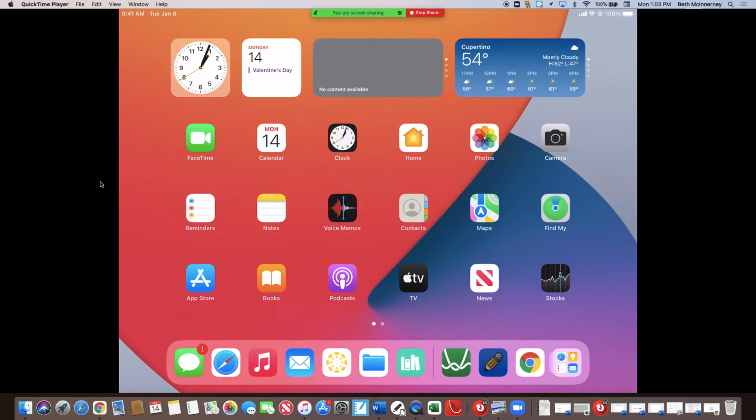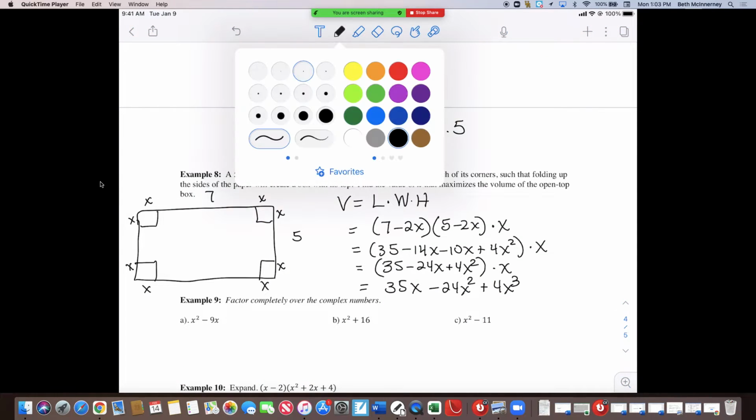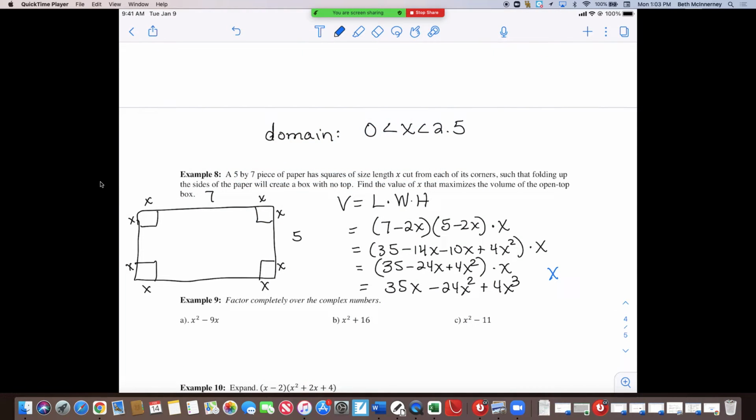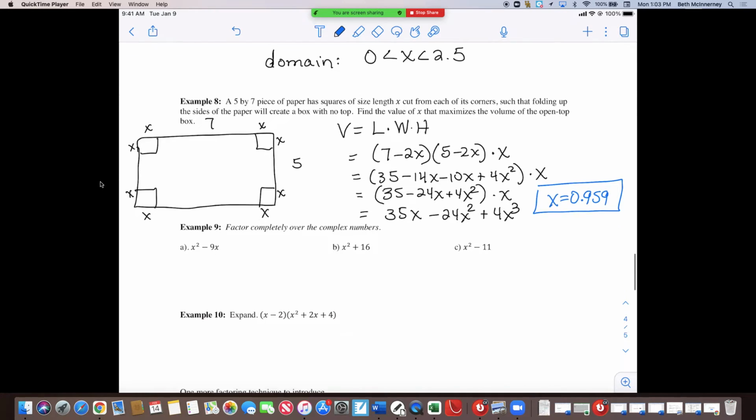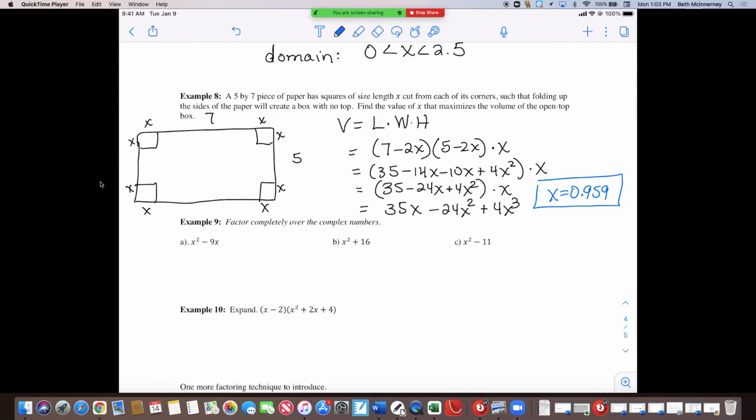So let me come back to the notes. And so on the graph, it was 0.959. That is the x value that would maximize the volume of this box. So this is where you would use what we're doing.